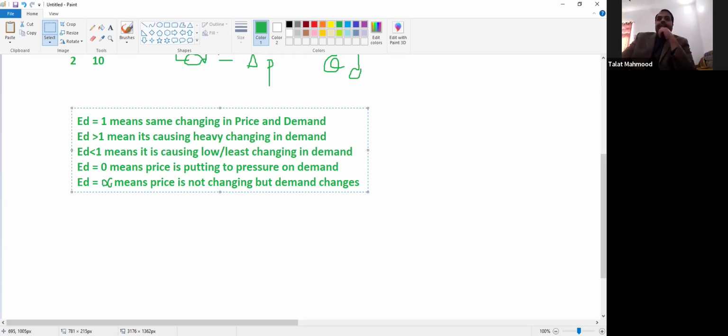Okay, so these are the five conditions that we study in elasticity of demand: equal to 1, greater than 1, less than 1, equal to 0, or infinite. Equal to 1 means price and demand are changing at the same rate, while greater than 1, demand is changing more vigorously. Less than 1 means demand is in a creeping style; it is changing at a low rate.